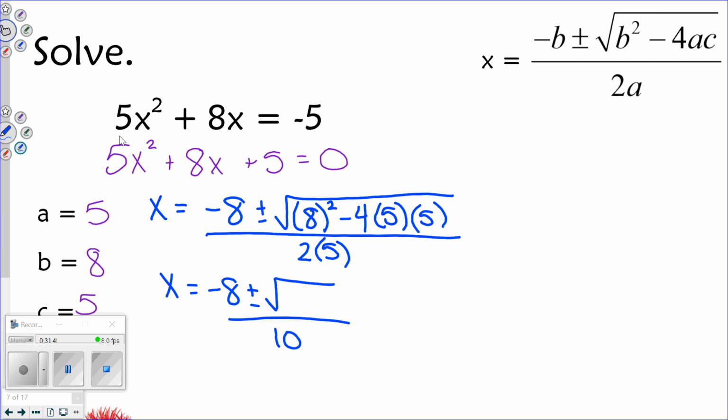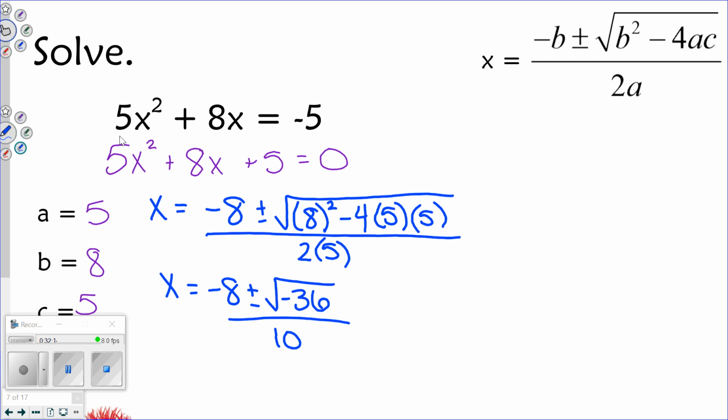Ooh, I heard lots of things. Again, you type it exactly what you see there. You must have used a negative sign instead of a minus sign on yours. If you use a negative sign, it multiplies it all instead of subtracting it. 20 times 5 is 100, so yeah, it'd be negative 36.